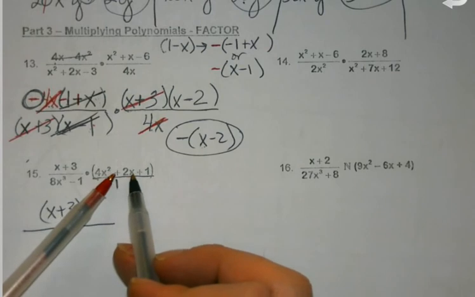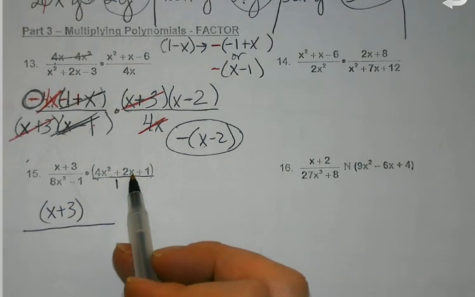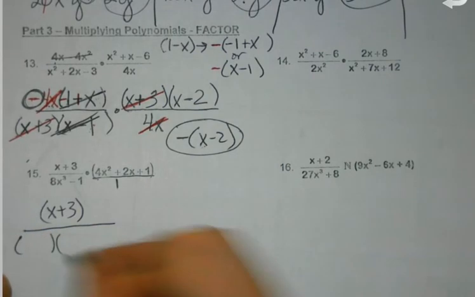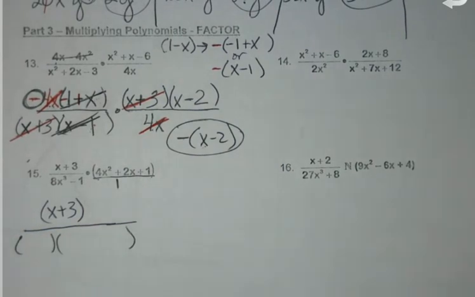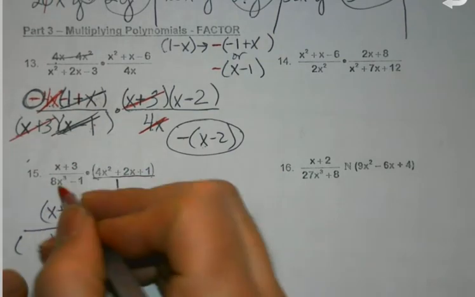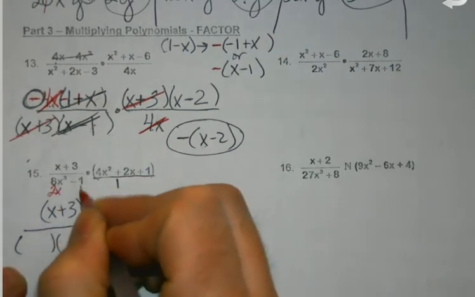A lot of the time, this will end up being something that can end up canceling. So remember, when I go to factor this difference of cubes, what do I cube to get each term here? Okay, so 2x and 1.